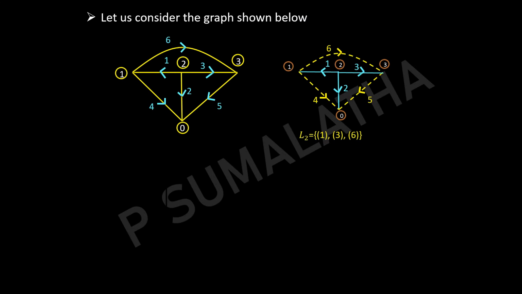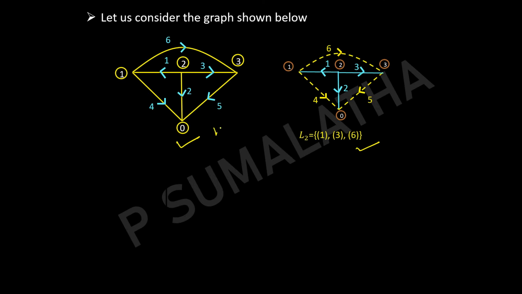Now let us see how to form the cutset for the given graph. The left hand side diagram represents the original graph given, and the right hand side diagram represents the graph after splitting it into tree and co-tree. So let us split this. We know the number of tree branches must be equal to n-1.